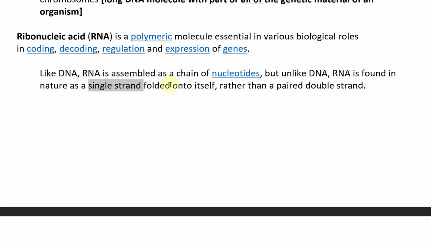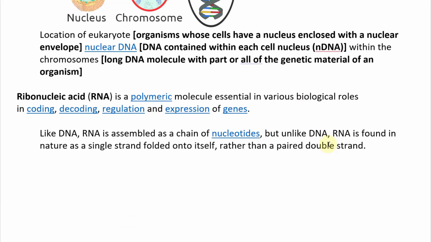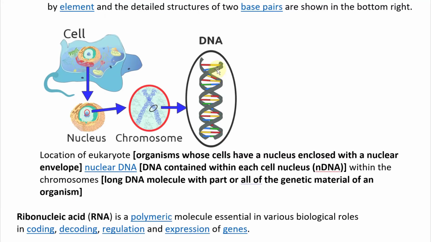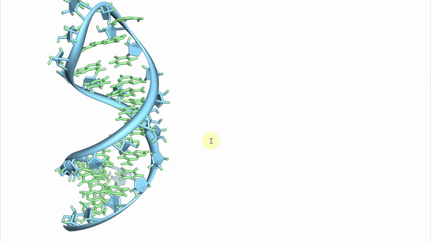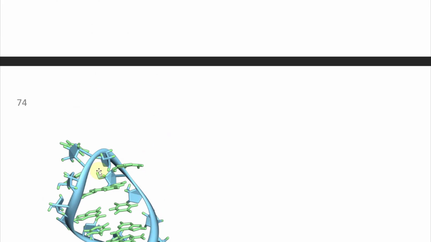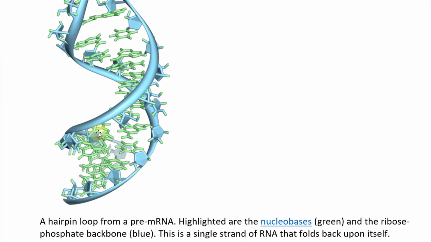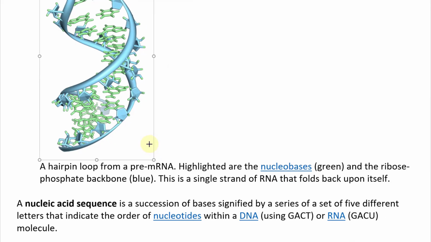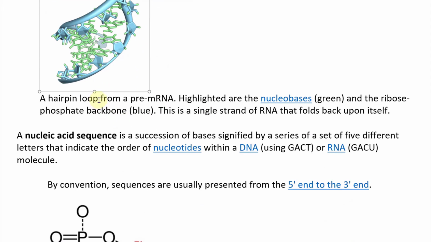You'll have a single strand folded onto itself. This one is a paired double strand, but this one would be folded onto itself like that. So let's scroll over here. Let's make this a bit smaller. So a hairpin loop, like that.